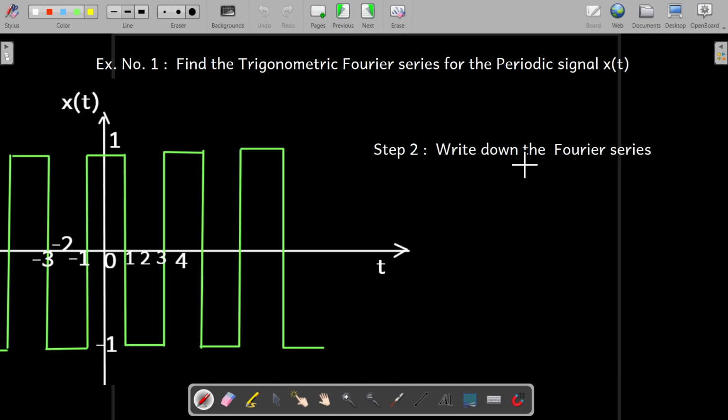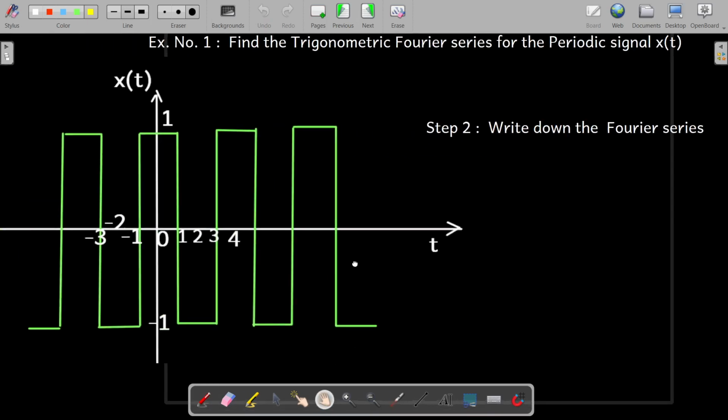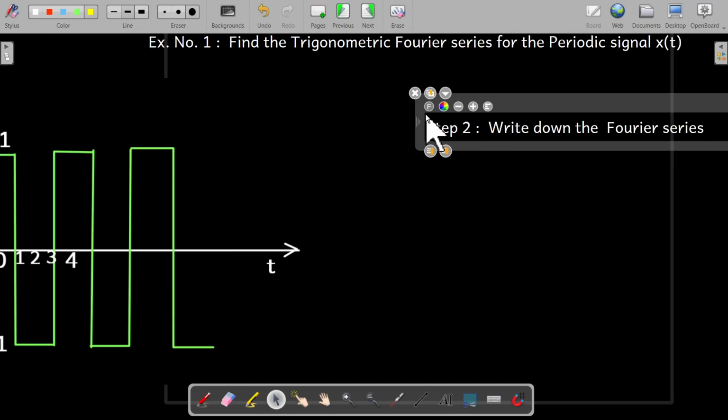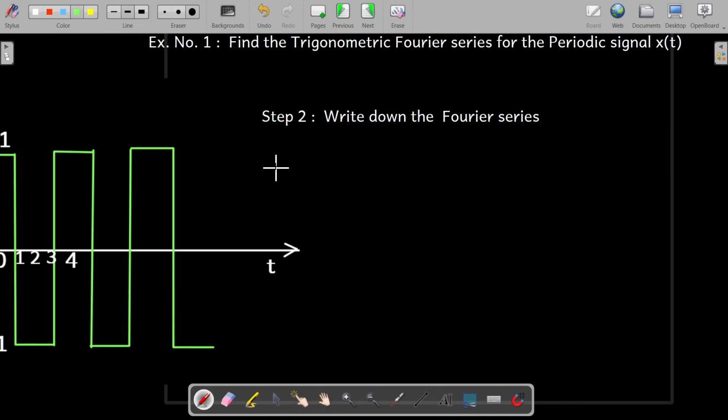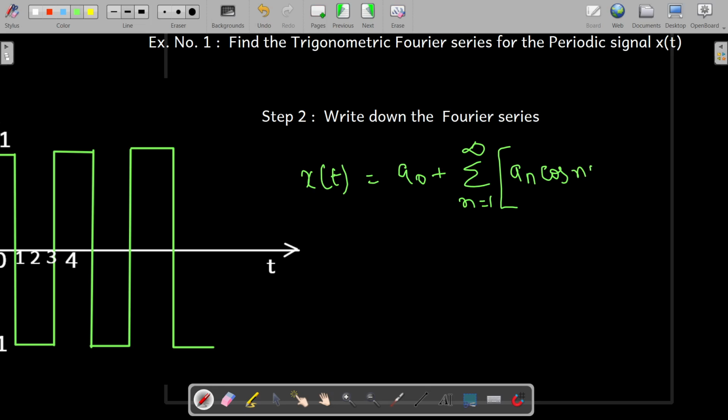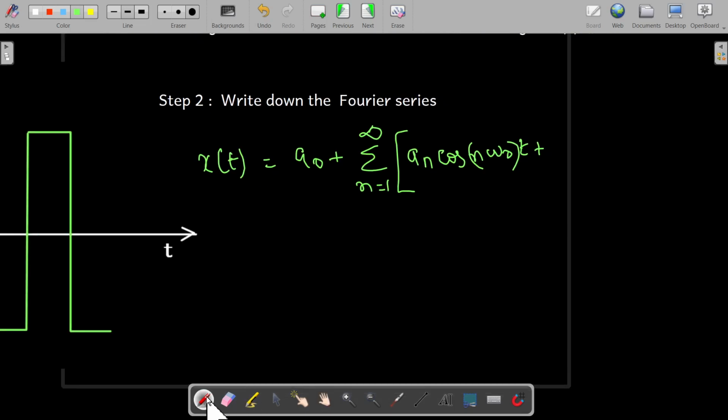Step 2 is to write down the Fourier series, the general Fourier series. x of t is equal to a naught plus the summation from n equal to 1 to infinity of a n cos n omega naught t plus b n sin n omega naught t.